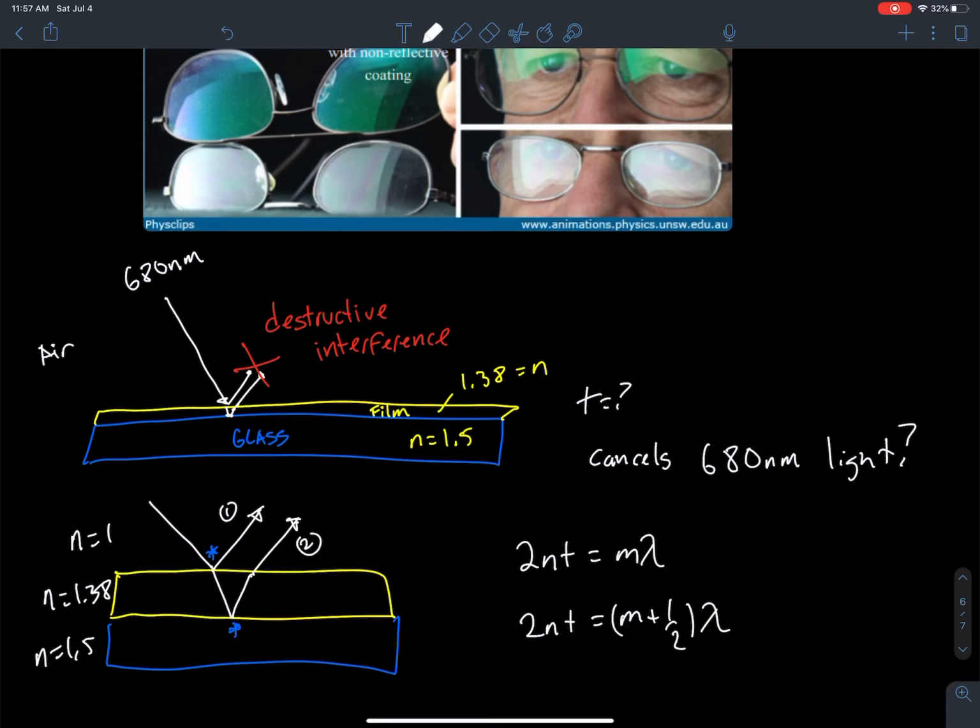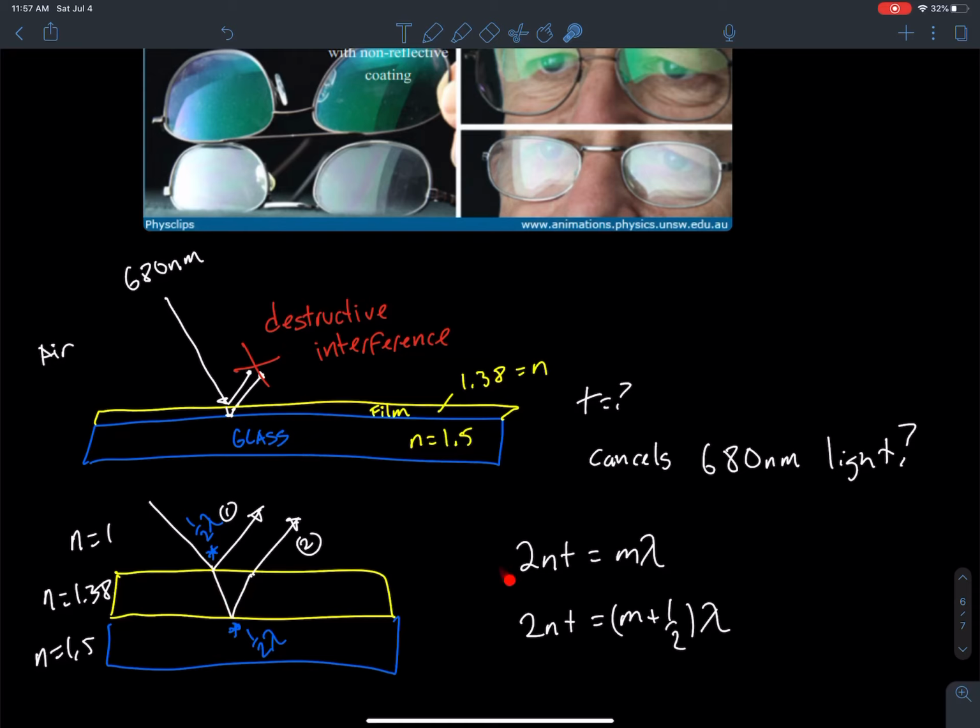So that means that I'm going to have a 1/2 wavelength shift over there. And then here again, I'm going from lower to higher, so I'm also going to have a 1/2 wavelength shift. So both of these rays, when they come out, are going to be in phase with each other, as long as I have a whole number of wavelengths in here.